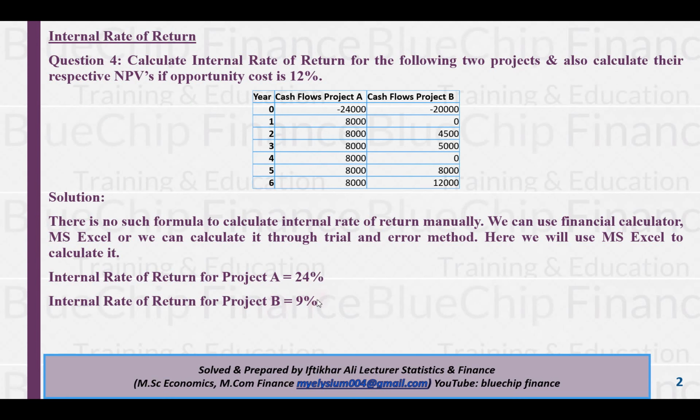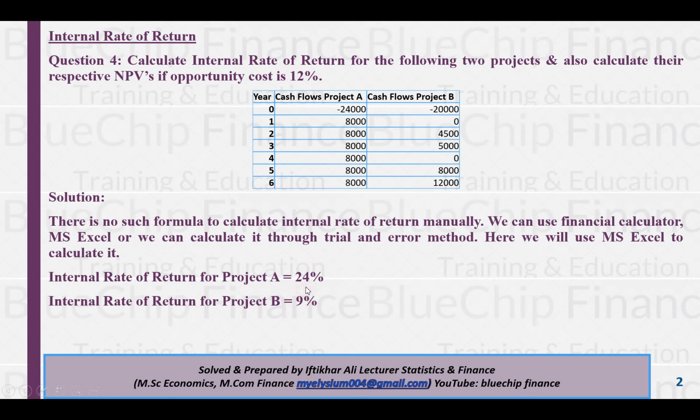And if your interest rate is greater than 9%, or you can say that if your opportunity cost of capital is greater than, as you are seeing here in the case of project B, your internal rate of return is 9%. So we know that project B will not be profitable because your opportunity cost of capital is greater than your internal rate of return.